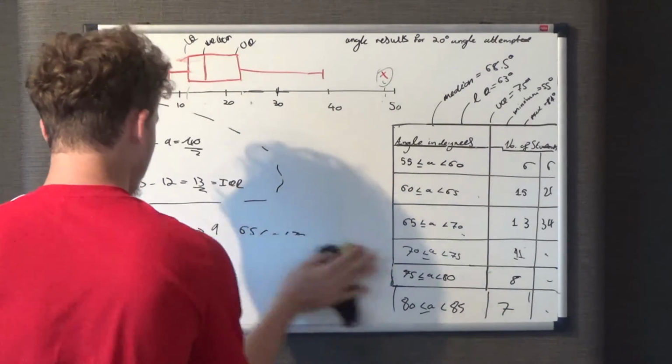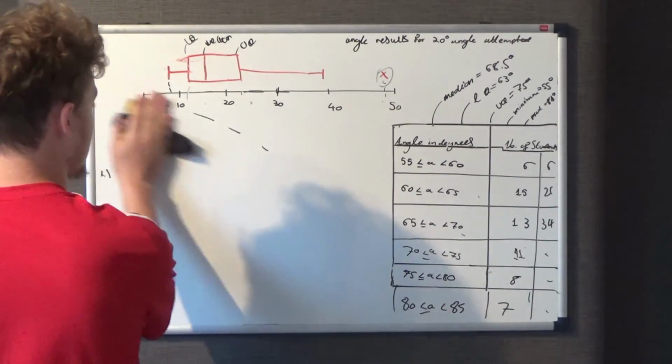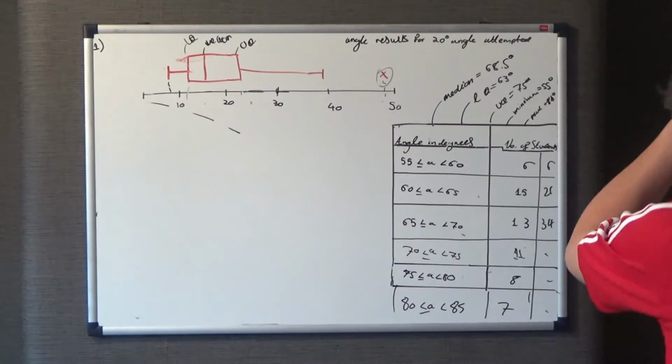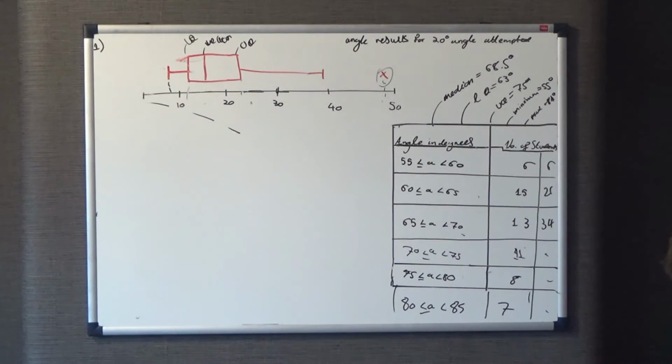Right, so all that extra bit of information is just in the paragraph just before it goes on to part E. It says an outlier is an observation that falls either 1.5 times the interquartile range plus the upper quartile.